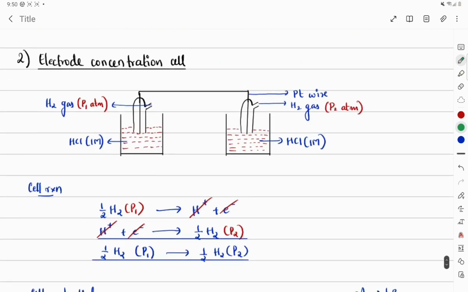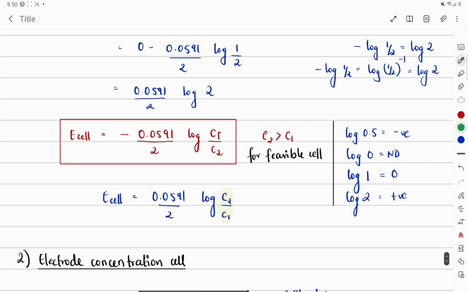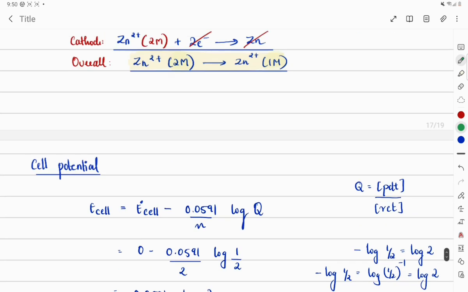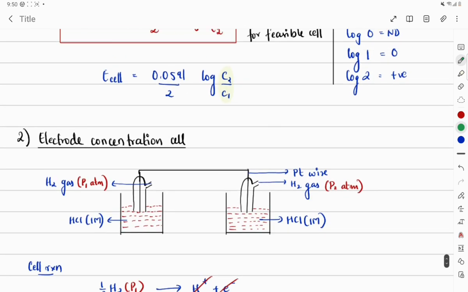What was it in case of electrolyte concentration cell? There we saw it is C2 greater than C1, and C2 was for cathode and C1 was for anode. So concentration of cathode must be greater than concentration of anode.